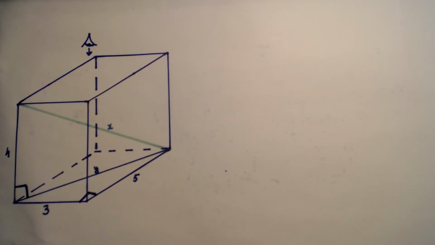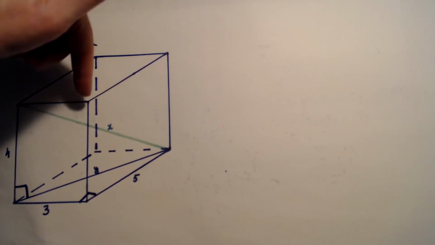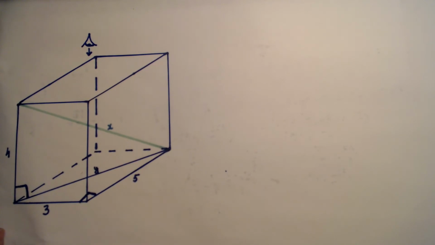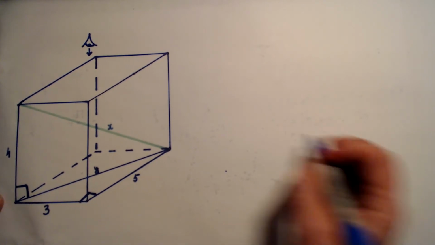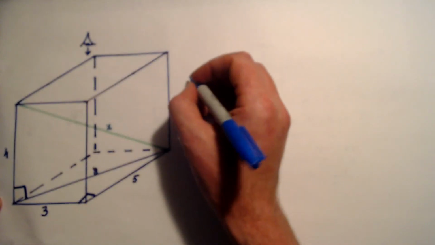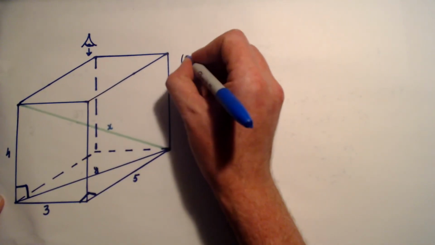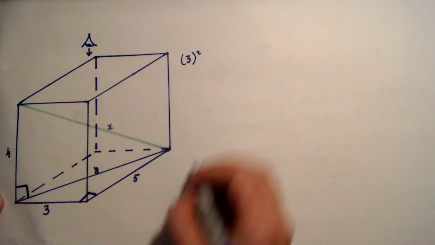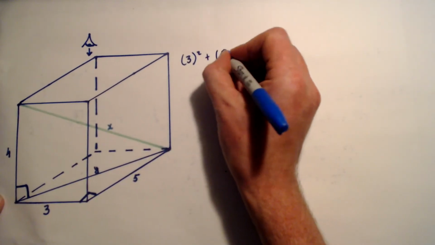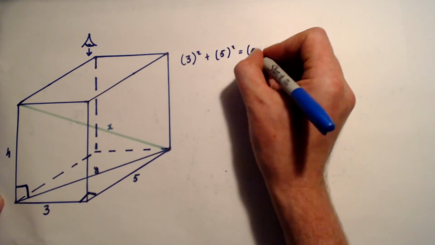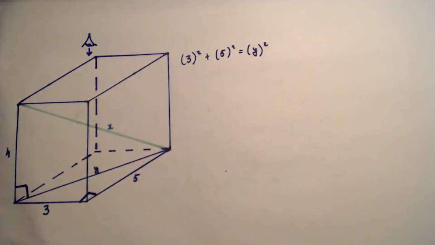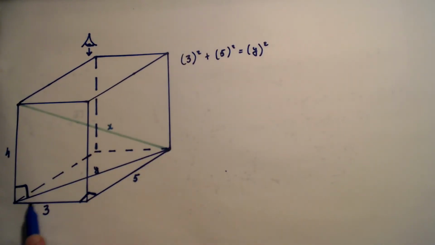Okay, so to begin, in this bottom triangle, looking straight down from above, I have a right triangle with the two legs 3 and 5, and the long side y. So I have that 3 squared plus 5 squared is equal to y squared.